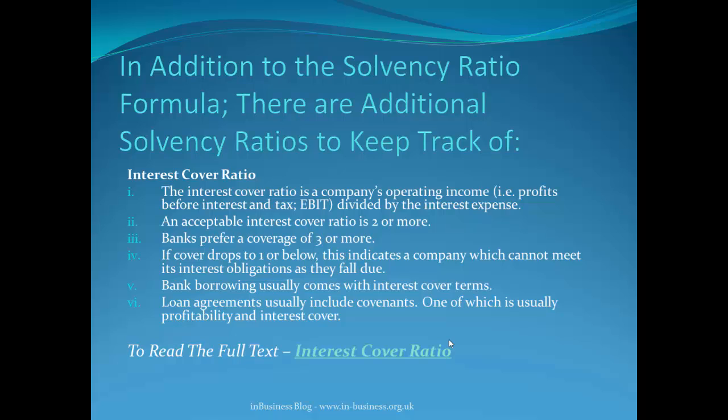If the cover drops to below 1, this indicates a company which cannot meet its interest obligations as they fall due. And bank borrowing usually comes with interest cover terms. And if this were the case, a bank may be considering to draw in their loans. Loan agreements usually include covenants, one of which is usually profitability and interest cover.